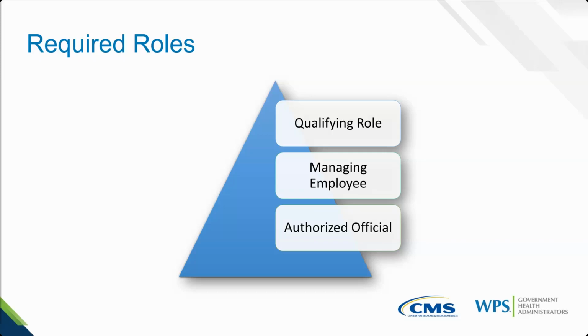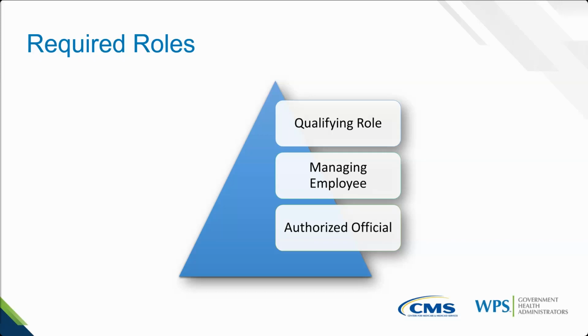That direct owner can be the managing employee and the authorized official without designating anyone else as those required roles. If there are other owners, if there are other board members, they all have to be reported, but they don't necessarily have the managing employee or authorized official role. Everybody will have a qualifying role listed.